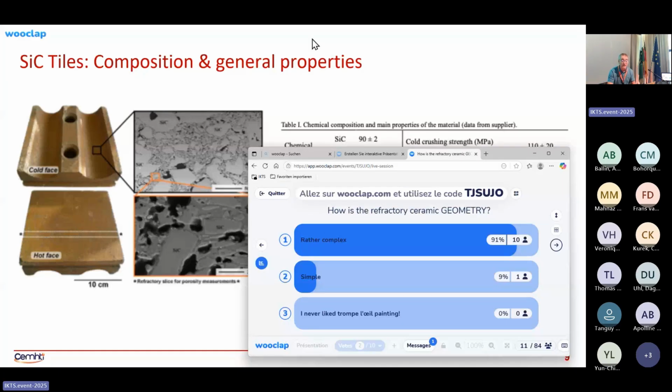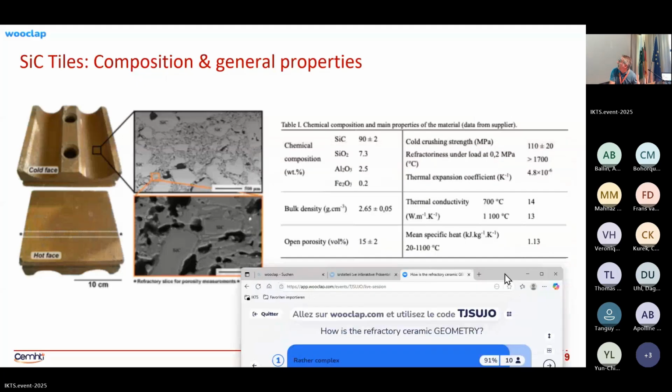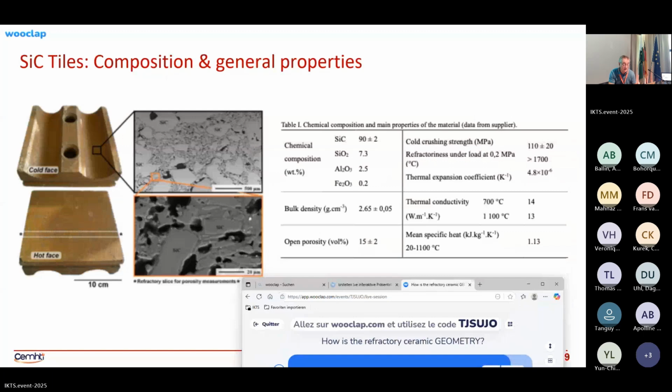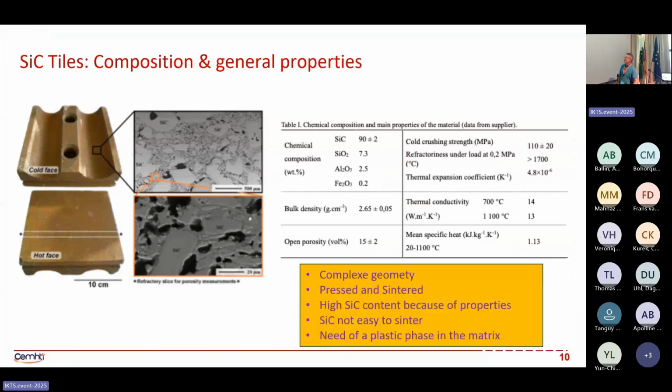You can see the shape is complicated, a complex geometry. That's why it is pressed and sintered with high silicon carbide content because of properties I mentioned. And silicon carbide is difficult to sinter, which means that we have to adapt the matrix so that it is possible to elaborate such geometry.